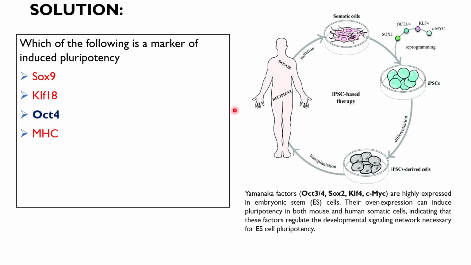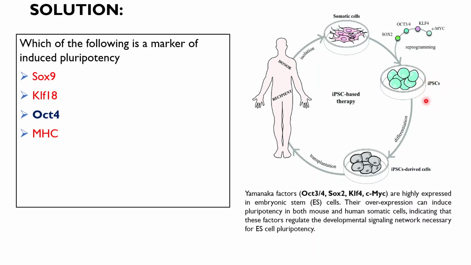As you can see in the figure, when we take any somatic cell out of a donor's body and inject these 4 critical factors or genes, SOX2, OCT3/4, KLF4, and CMYC, they are able to reprogram these somatic cells to an induced pluripotent phenotype. Thereafter we call these cells the induced pluripotent stem cells.